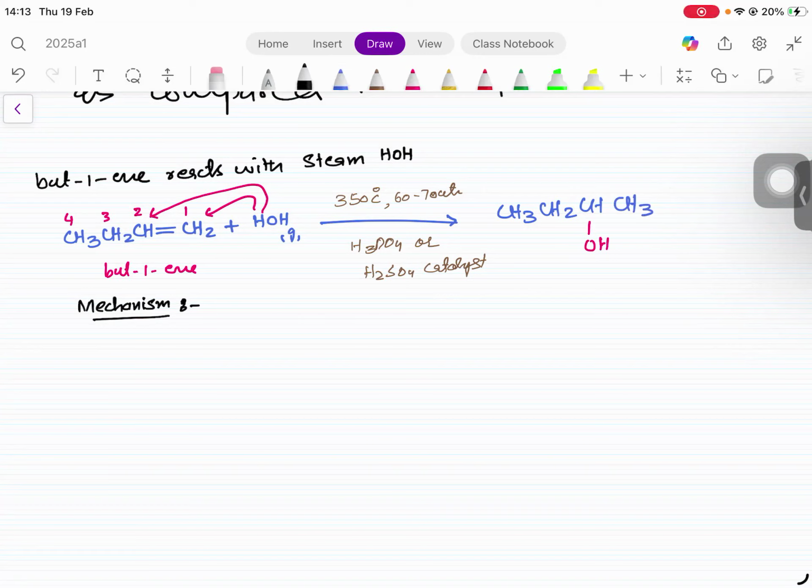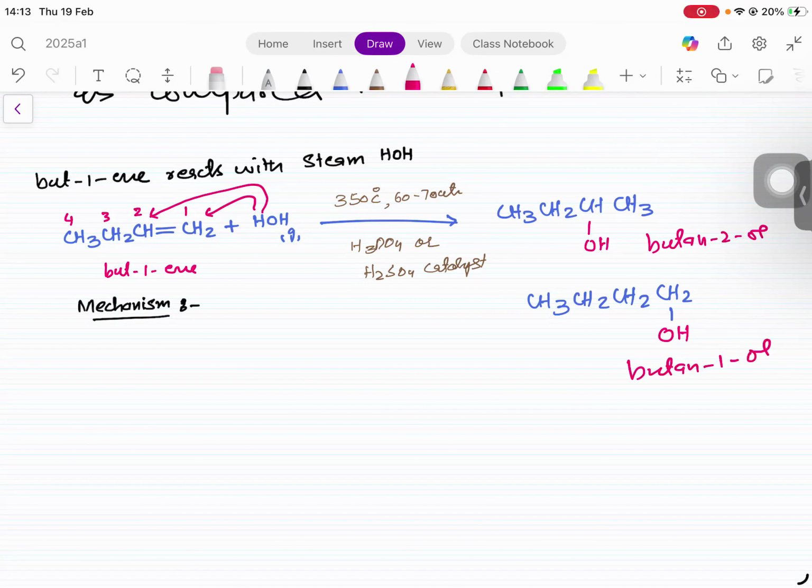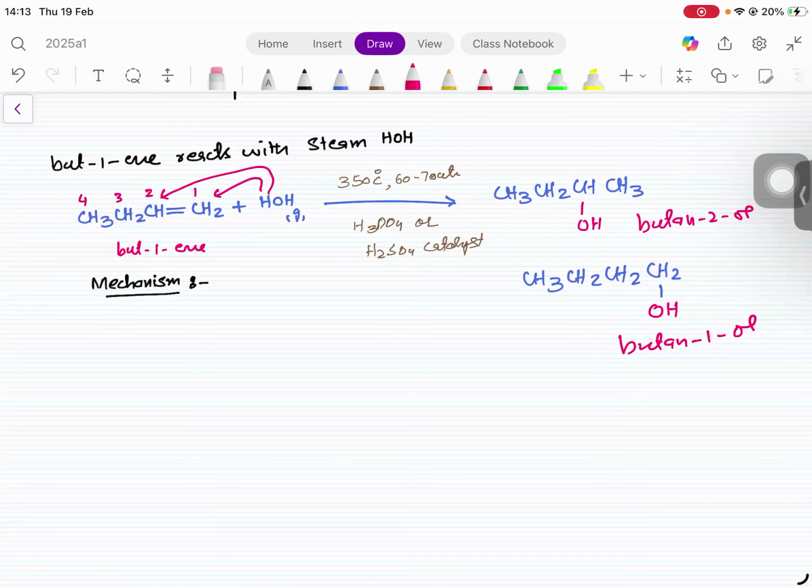And what is the other one? The other one is CH3, CH2, CH2, CH2OH. This is butan-2-ol and this is butan-1-ol. Let's see the mechanism. What about the mechanism?